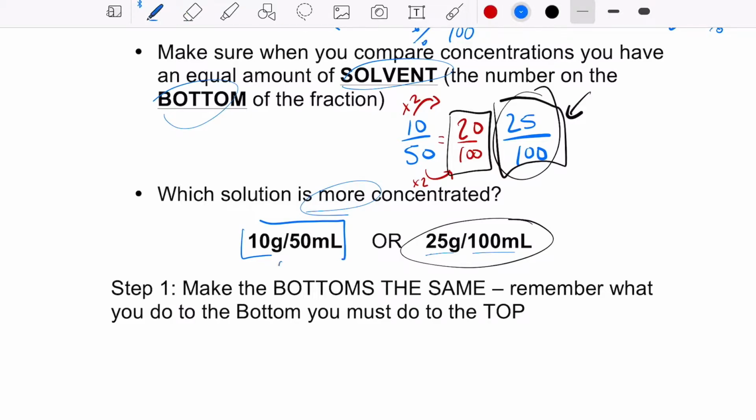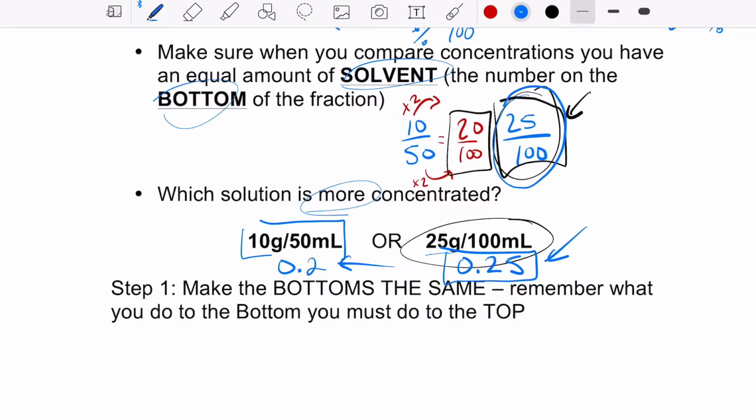So let me just write that right here, 0.2. 25 divided by 100 is 0.25. So again, you notice that this one is actually bigger than this number. So this one is more concentrated.